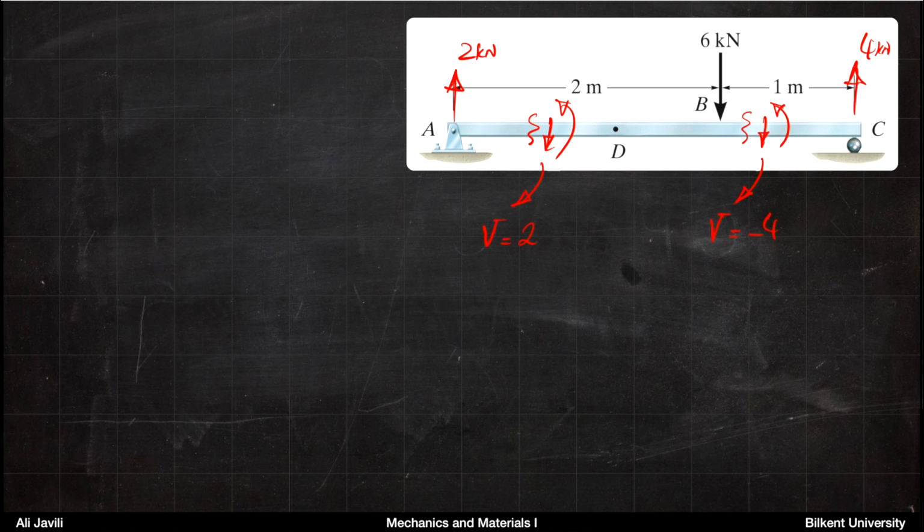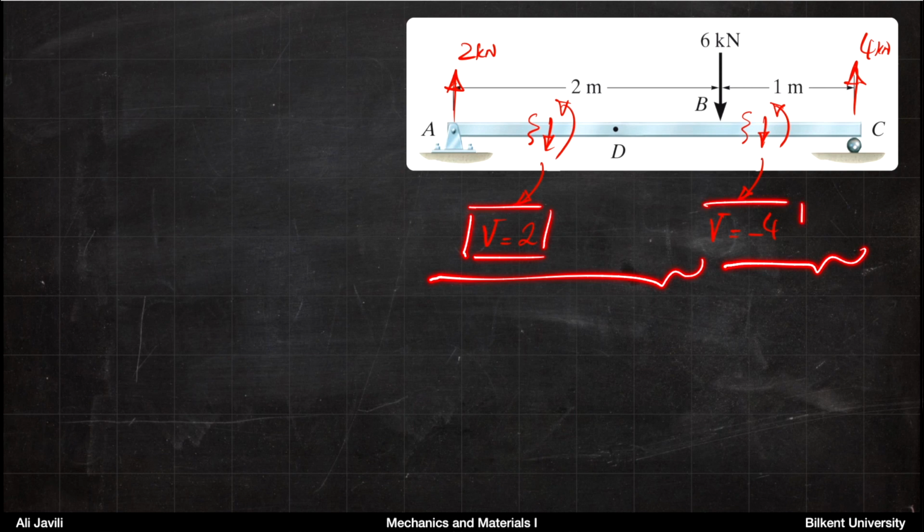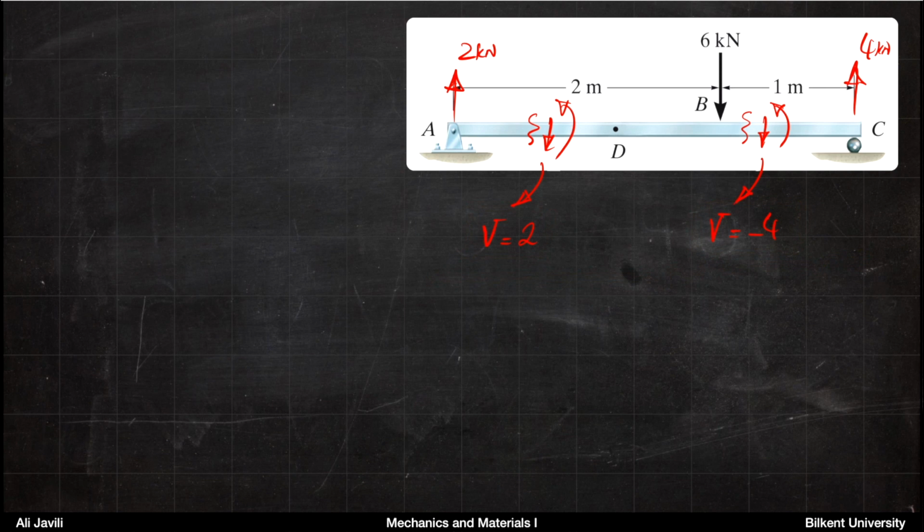Using that, you would already know that if you wanted to calculate the shear force diagram or moment diagram, for any point between A and B, the shear force would be 2, and for any point between B and C, the shear force would be -4. Based on the shear force itself, all you have to do is write the shear force function in terms of Macaulay brackets.